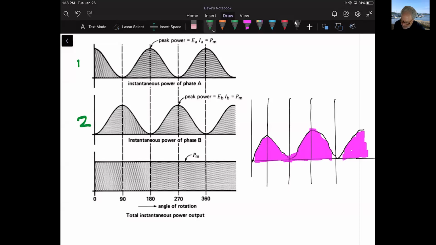The sequence of this, instead of being 90 degrees, would be 120 degrees between the peaks. Like if this is 0, then this would be 120, and this would be 240, right? So there's 120 degrees difference. So this would be phase C output.